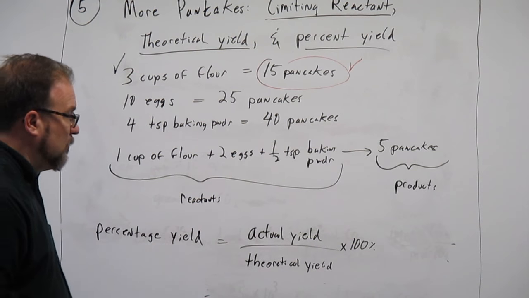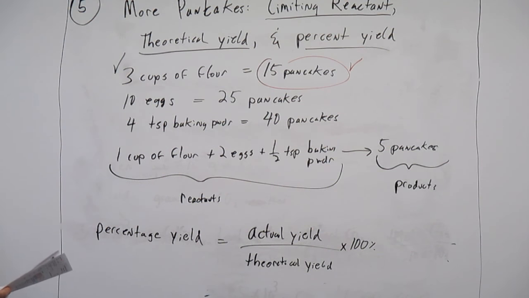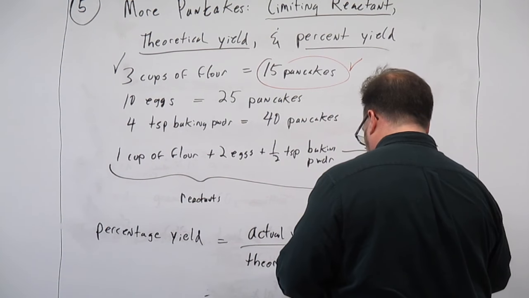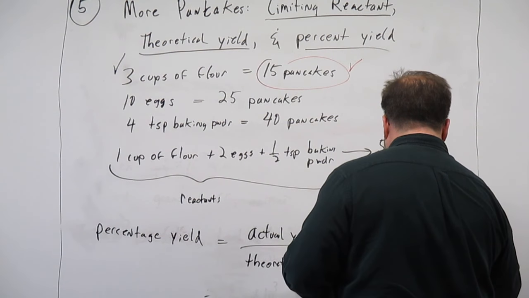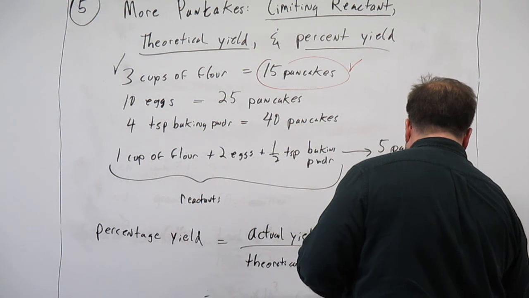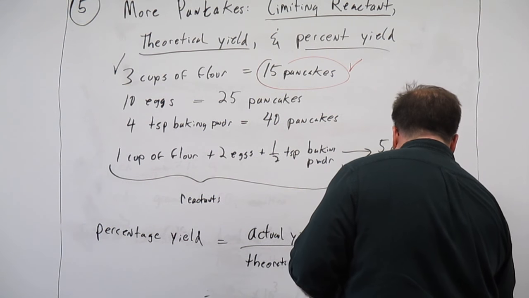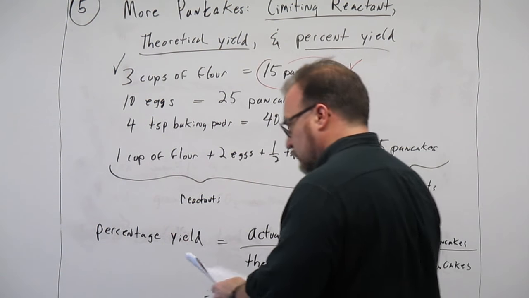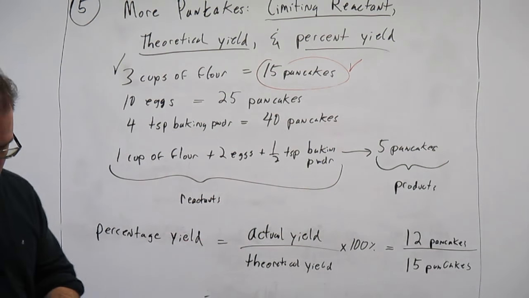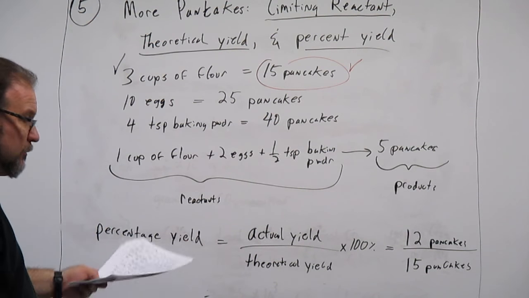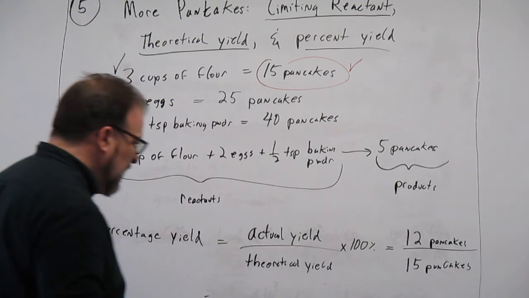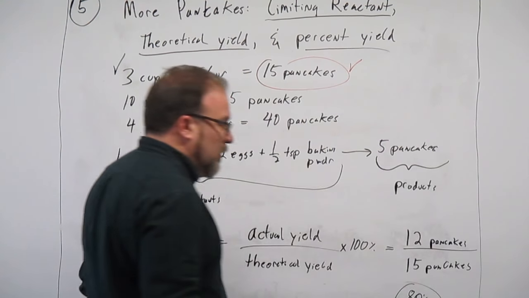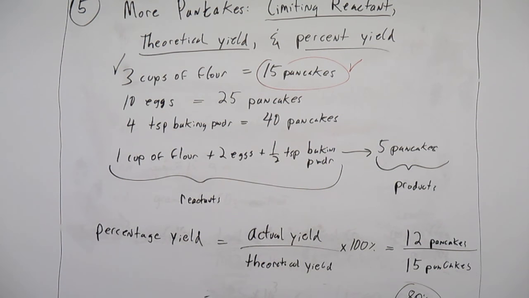So in my example, if I burned 3 of them, then I would have 12 pancakes, divided by 15 pancakes. And what does that give me? 0.8. Times 100 gives me 80%. So 80% is the percentage yield.